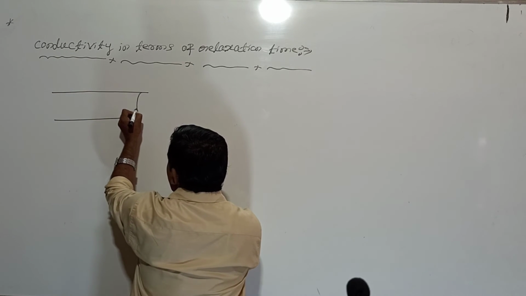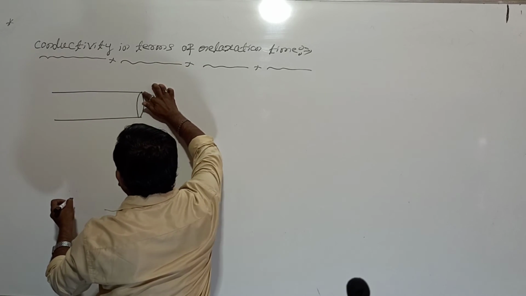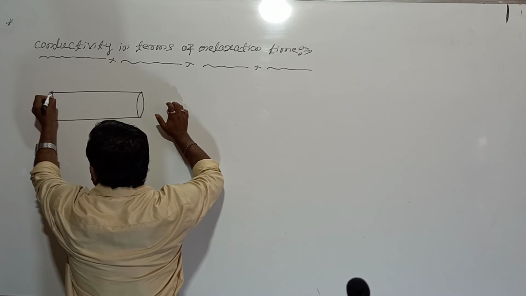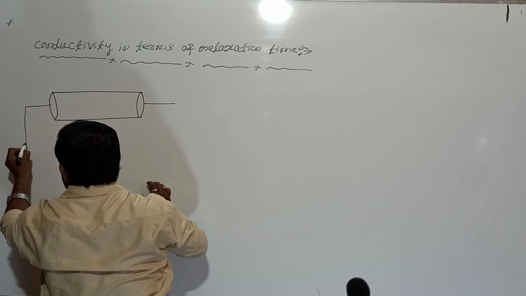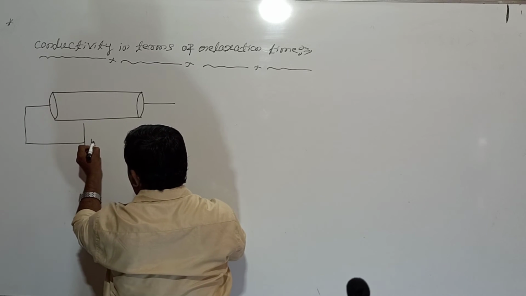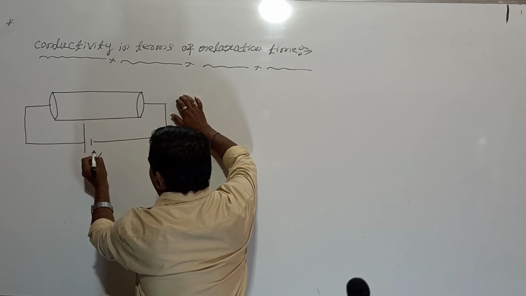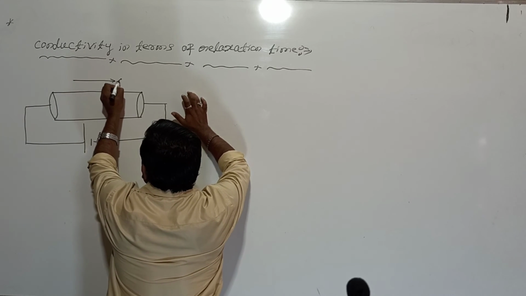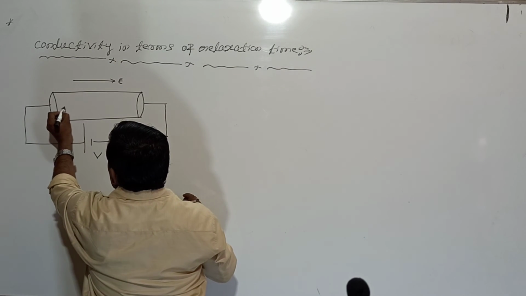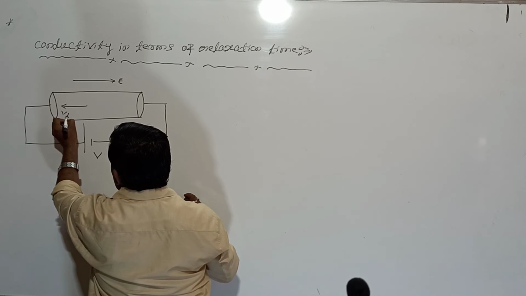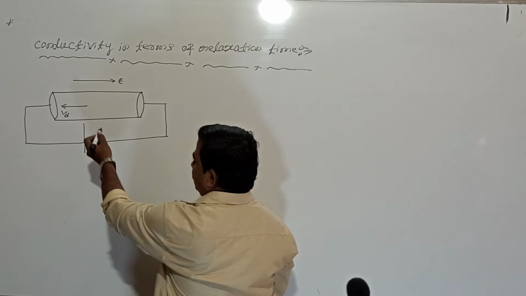When a potential difference is applied, what happens? Whenever a potential difference is applied, an electric field is set up. Whenever the electric field is set up, this is the direction of motion of electrons, which we call drift velocity.